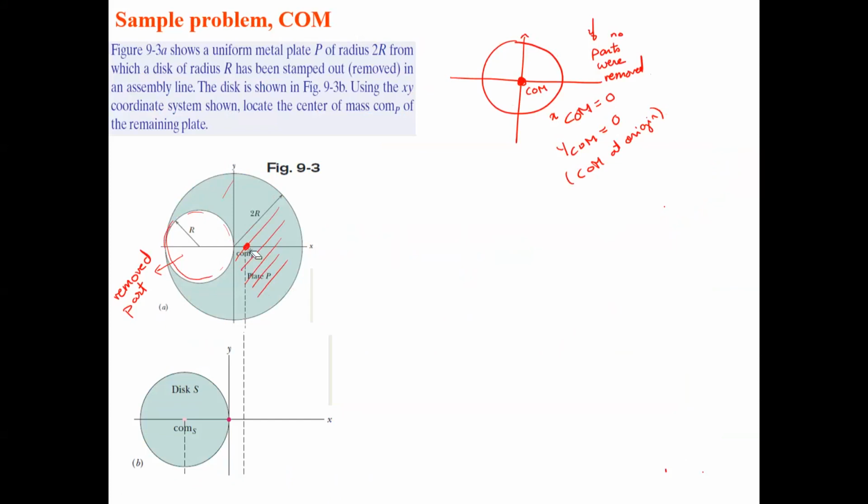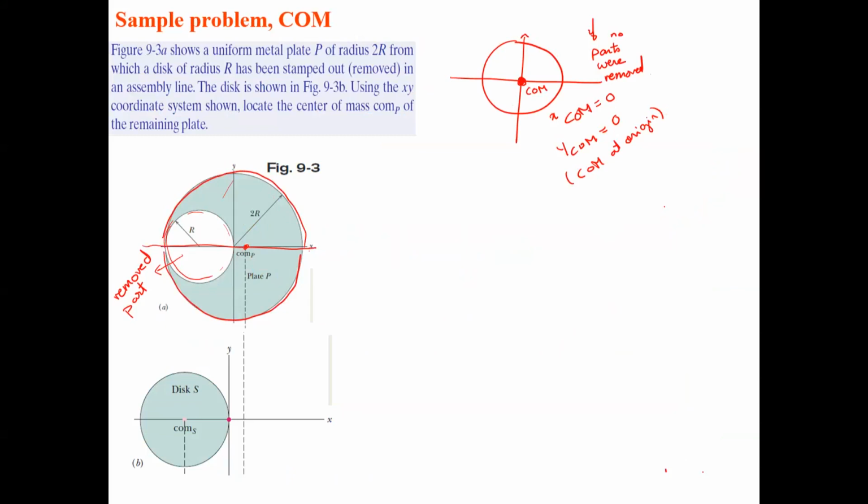Now, one thing I also showed in my figure is that the center of mass remained on the x-axis. Why? Because look at this part and this part. They are still symmetric. So vertically speaking, the center of mass is not shifted towards the upper or lower parts because they are still symmetric. The math will show that if you calculate it, but I also see it here clearly.